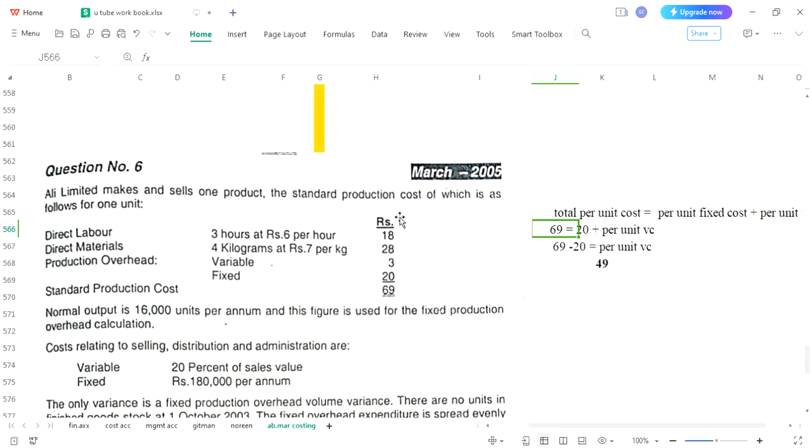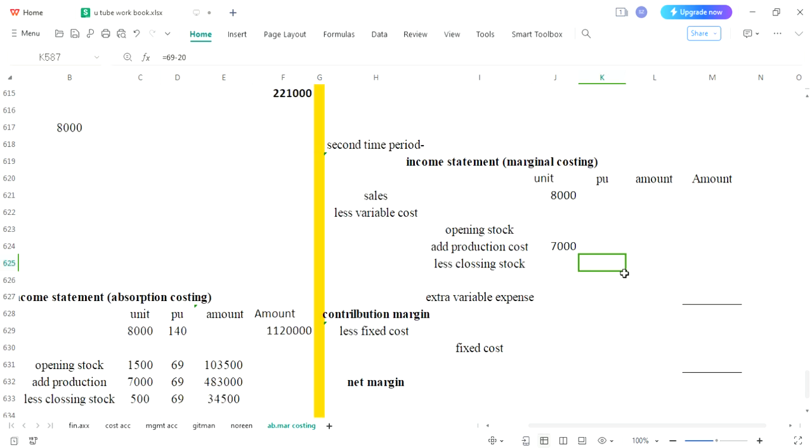And as you know, we have already calculated per unit cost because this was total cost including fixed cost. Under marginal costing, we do not need fixed cost, so we have subtracted 20 and got 49. So per unit cost for opening stock would be written as 49, and you know the same cost would be used for production and closing stock.